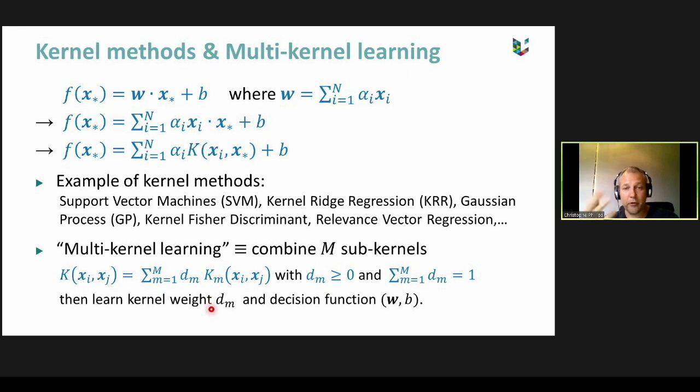That has to be learned along the way, so it's just increasing a bit of complexity. But you can see, for example, that with this you could be combining data from different modalities or from different parts of the brain. You could use the left hemisphere or the right hemisphere, and for each hemisphere, for example, calculate the kernel and then figure out which hemisphere is dominant for your prediction based on those kernel weights.